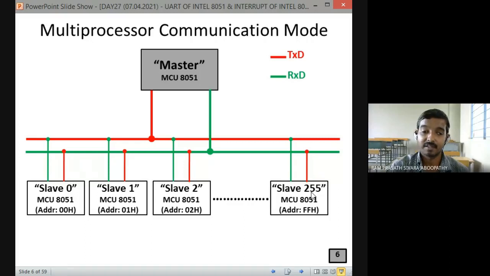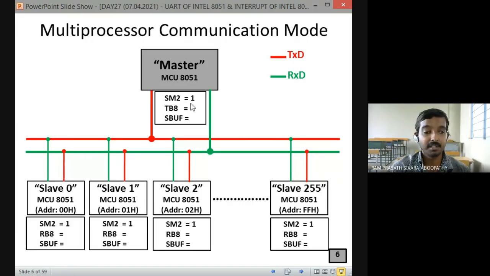Now, multiprocessor communication enable பண்ணோம்னா எந்த bit set பண்ணிருக்கணும்னு சொல்லுவோம். SCON ல எந்த bit நம்ம set பண்ணிருக்கணும்னு சொல்லுவோம். Which bit in SCON must be set to enter into the multiprocessor communication? Yes, very good. SM2, correct? So, இப்போ நல்லா கவனிங்க மாஸ்டர்ல என்ன பிட் SM2 என்ன செட் ஆயிருக்கு பாருங்க. I mean என்ன வேல்யூ இருக்குன்னா 1. Similarly, all slaves are going to have the value 1.